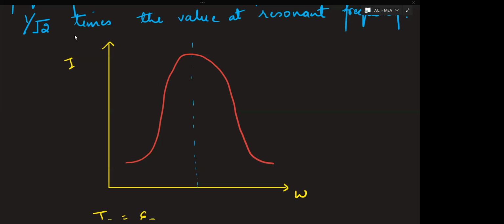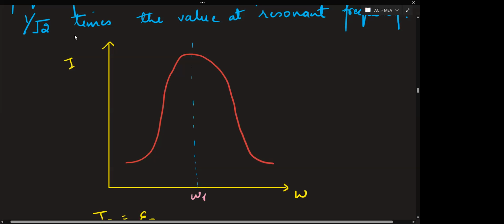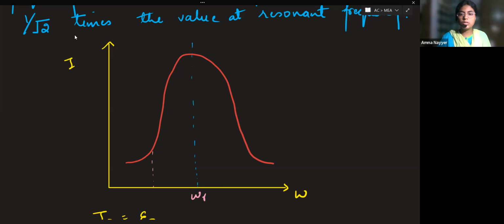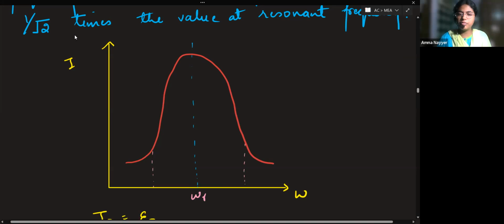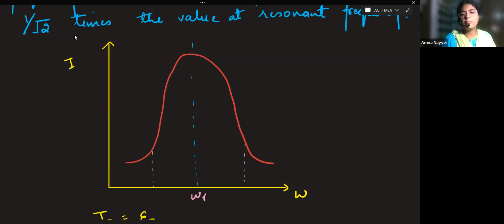See, this is the resonant frequency because maximum value is there. This is some frequency here you have, and here also you have one value of frequency. Name it as something. You can name the frequencies as something. So this can be first frequency, this can be second frequency that has been obtained on either side of the graph.